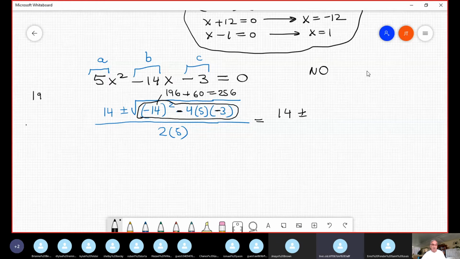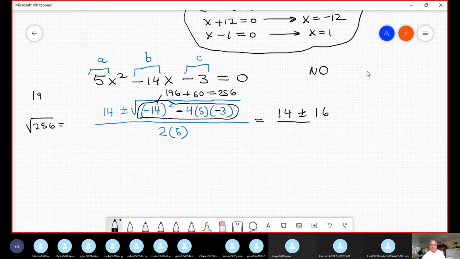And the square root of 256, put it in your calculator. 16. Divided by 10, from that 2 times 5. So that's 14 plus 16 over 10, and 14 minus 16 over 10.